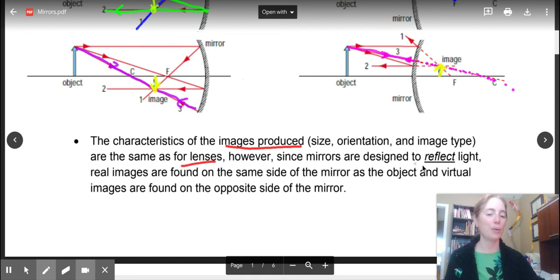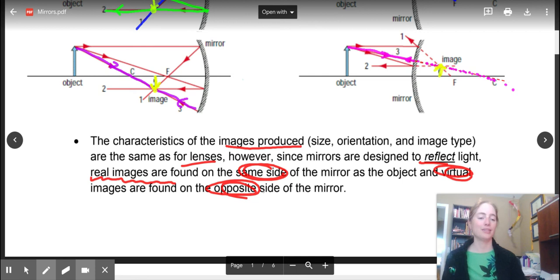However, because mirrors reflect light, real images are found on the same side of the mirror, and virtual images are going to be on the opposite side of the mirror. Remember that it was opposite for your lenses. So keep that in mind.